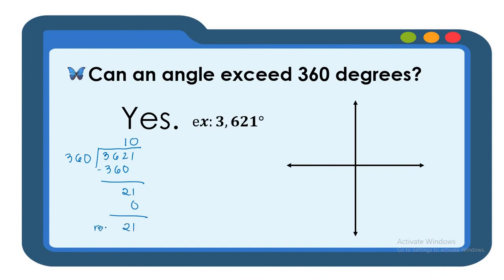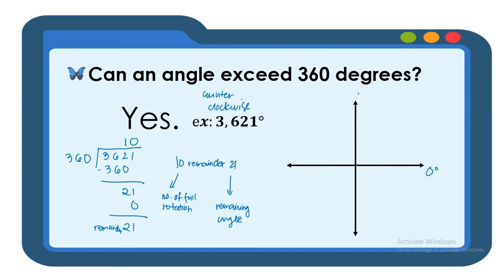This will be our remainder. So the answer when we divide 3621 by 360 is 10 remainder 21. Therefore, this will pertain to the number of full rotations, and this one is the remaining angle to be graphed. So since this is now a positive angle, the rotation will now be performed counterclockwise.